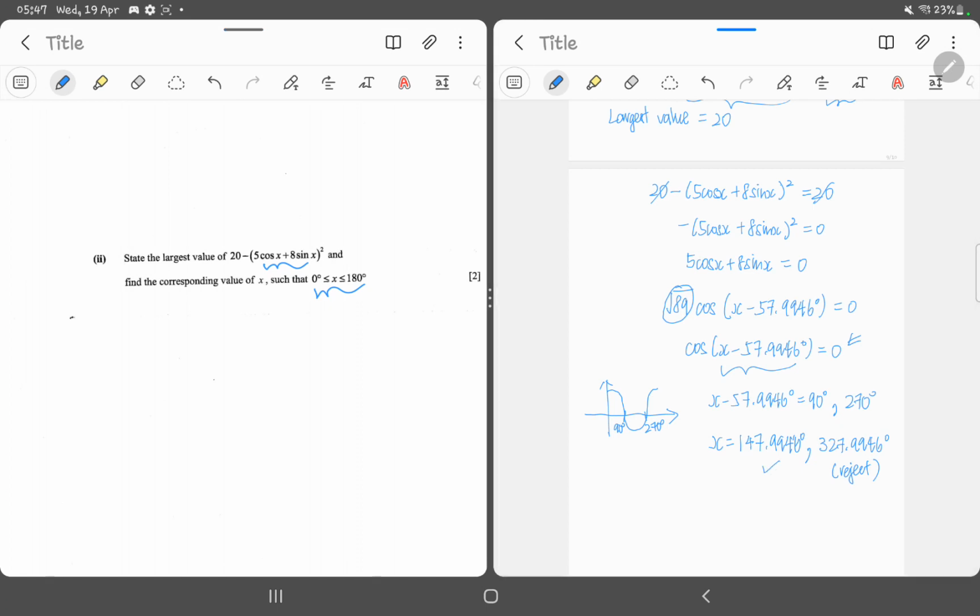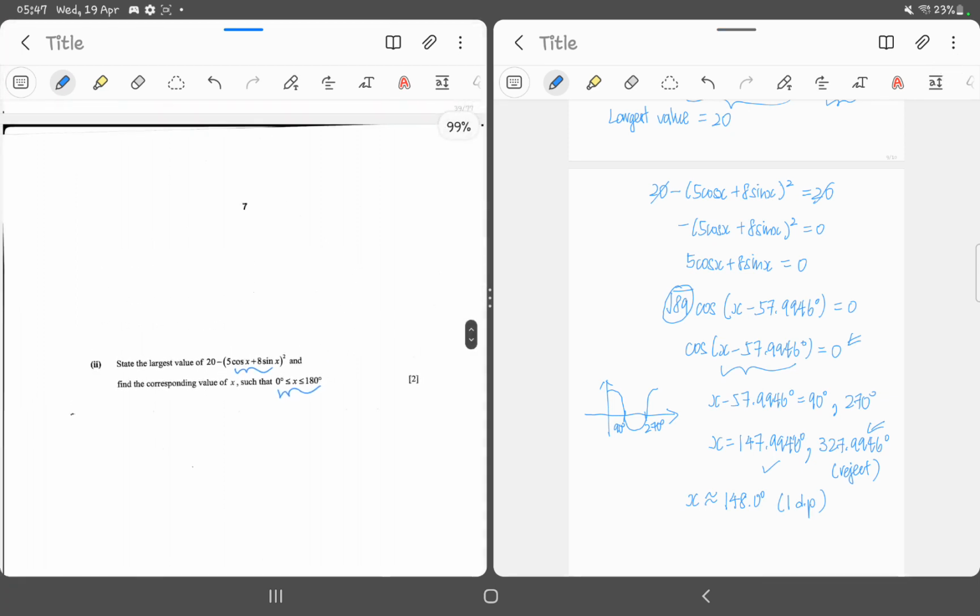So this is okay, but this one is more than 180 degrees, so we will have to reject it. So my final answer will be x is approximately equals to 148.0 degrees, rounded off to 1 decimal place, and we are done with question number 5 on R formula.